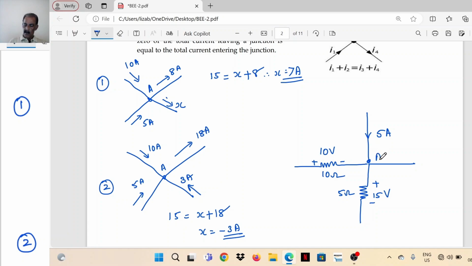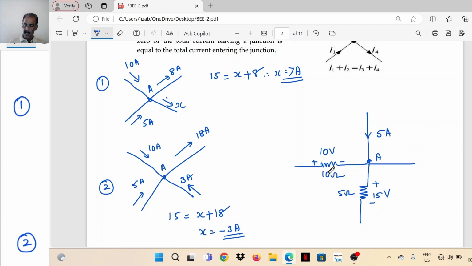Say another example. Here in this branch, a current of 5 ampere is coming to junction A. In this branch, current is not given. There is a 10 ohm resistor and the voltage drop across it is 10 volts. Current we can find out.